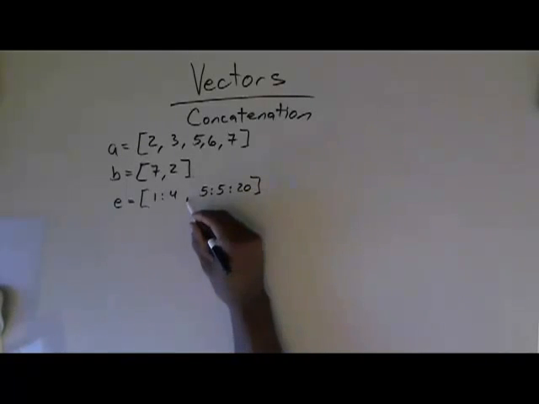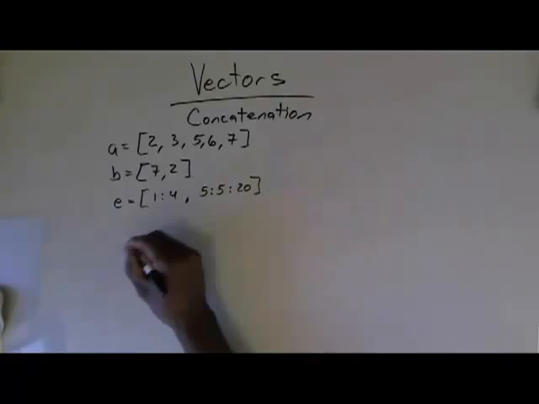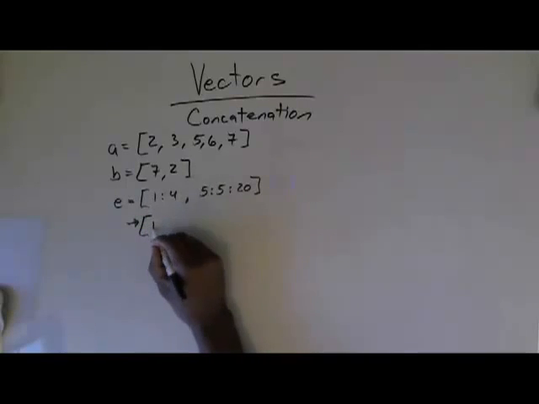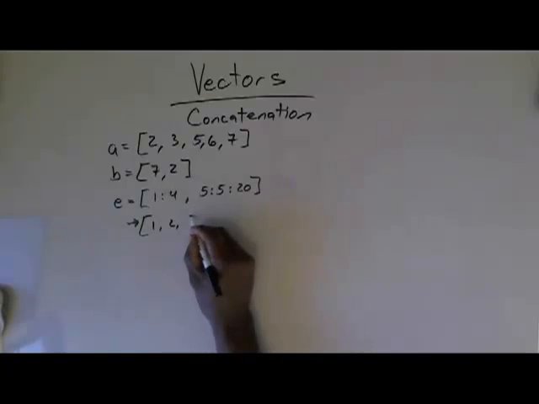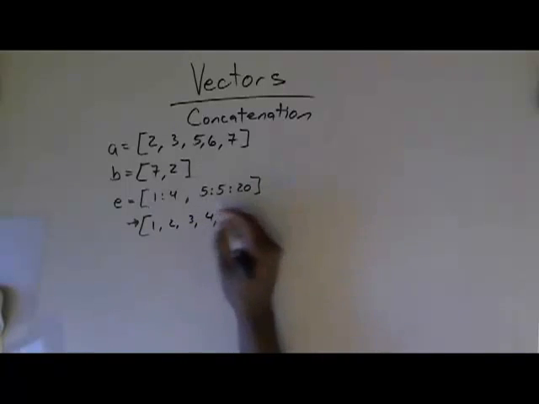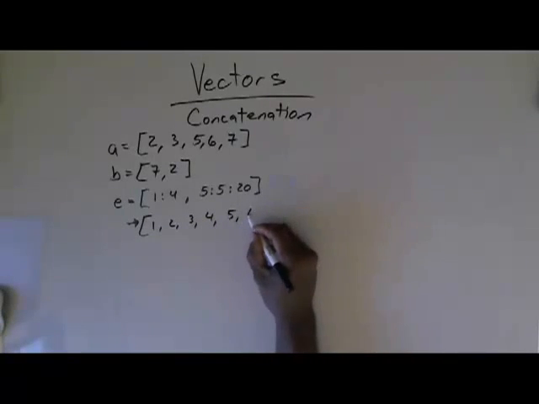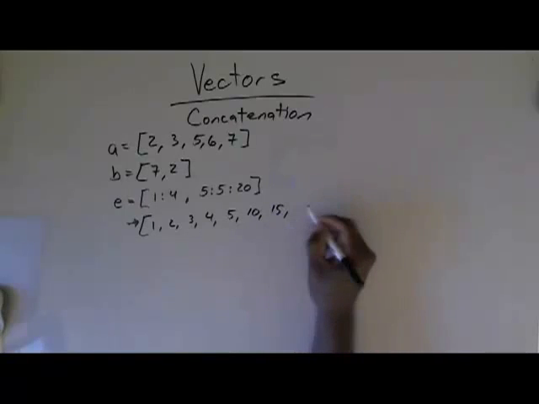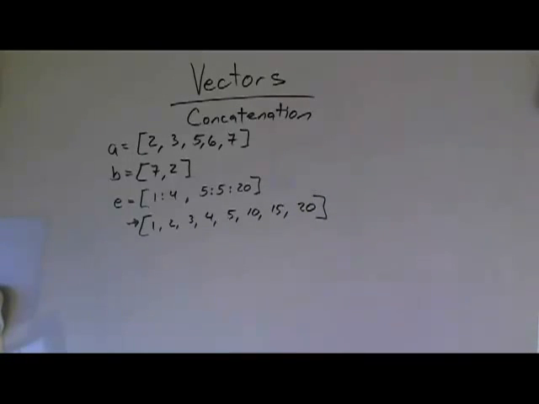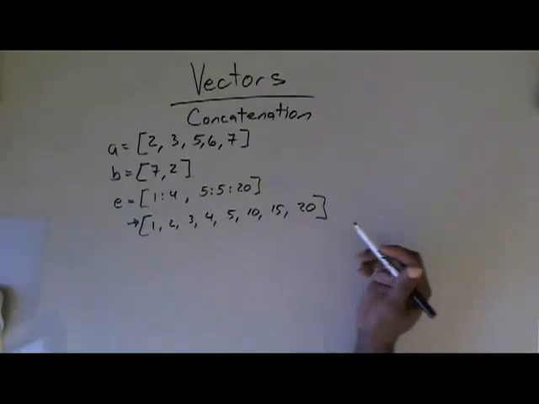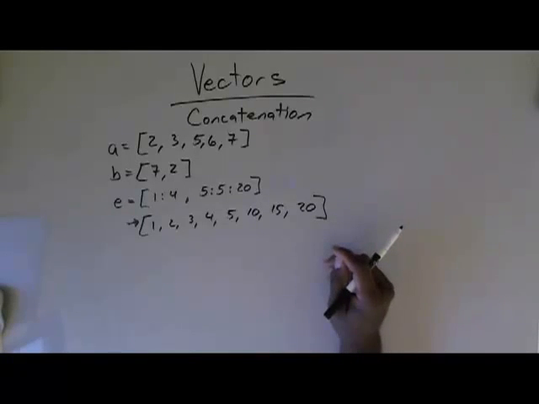Right? Keep in mind these are all vectors, so 1, 4 is 1, 2, 3, 4. 5, 5, 20 is 5, 10, 15, 20. There you go. You can do it with ranges in there. All it is, is sticking vectors together.